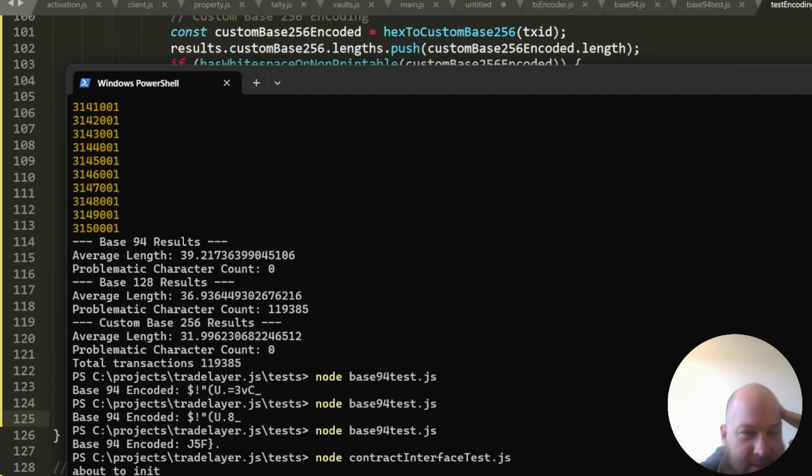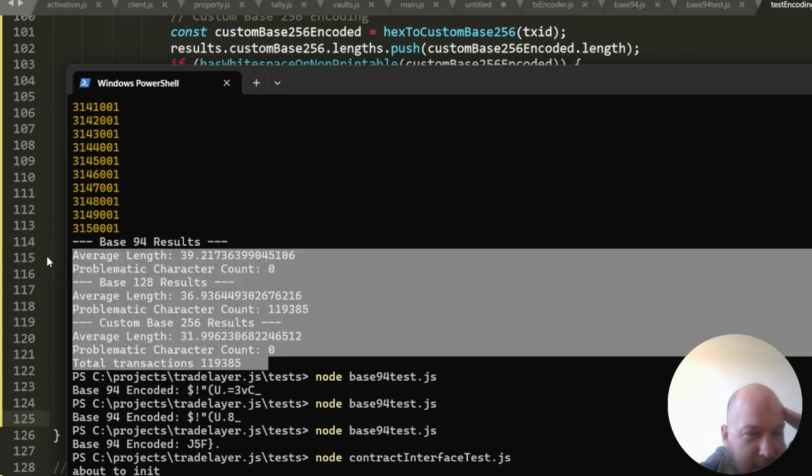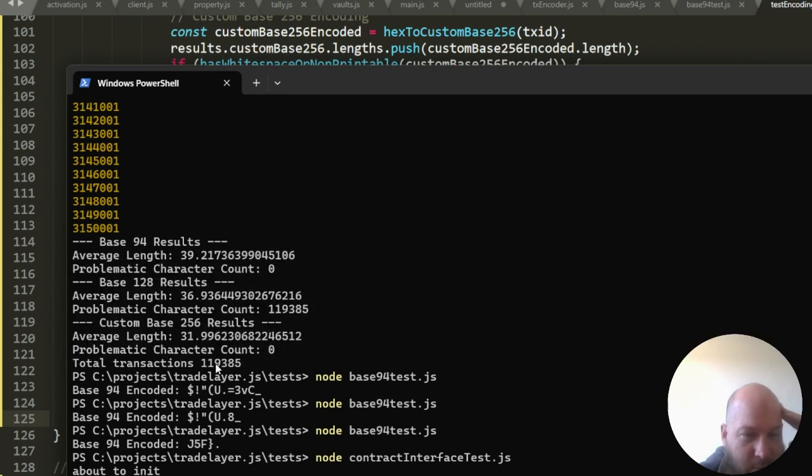And then I tested it on about 50,000 blocks, and I got the 100% success rate with almost 120,000 transactions. So it works. And then I'm like, great.